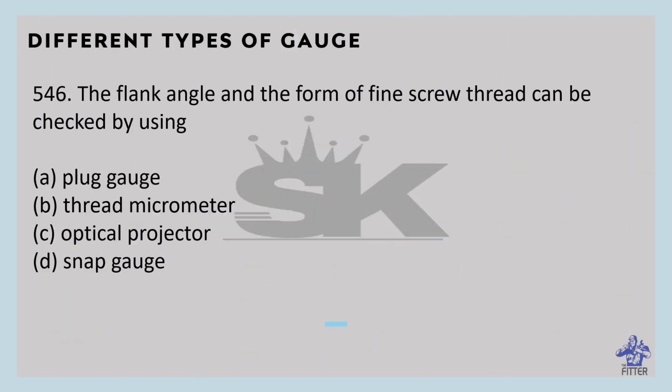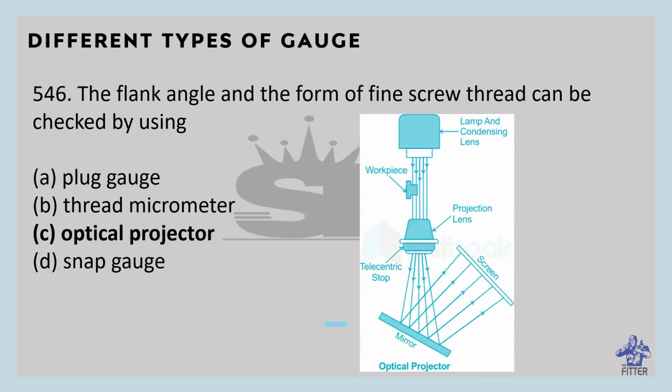The flank angle and the form of the fine screw thread can be checked by using, so it is checked by using optical projector. You can see this is the optical projector. It is a device which enlarges the image.